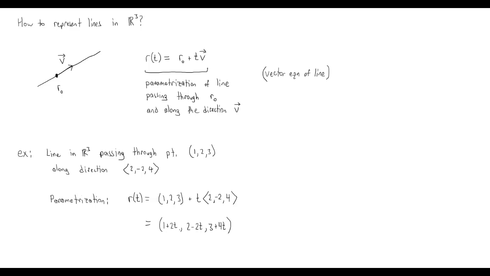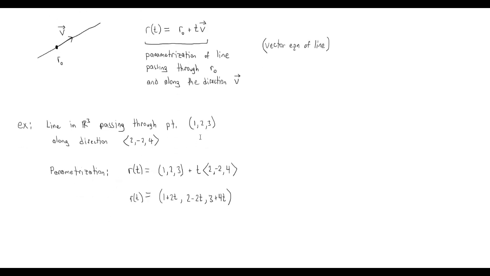Alright, so then this would be one way of describing this line passing through the point (1, 2, 3) and along the direction (2, -2, 4). So basically, for each possible value of t that you can plug into this function, that's going to give you a point on this line.